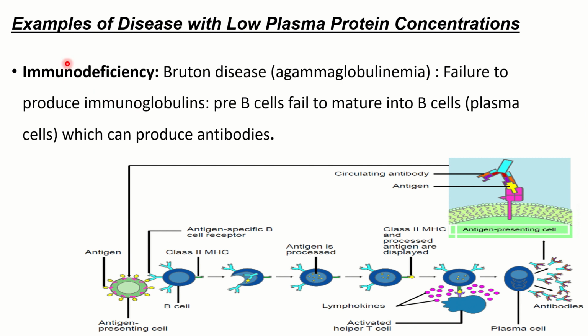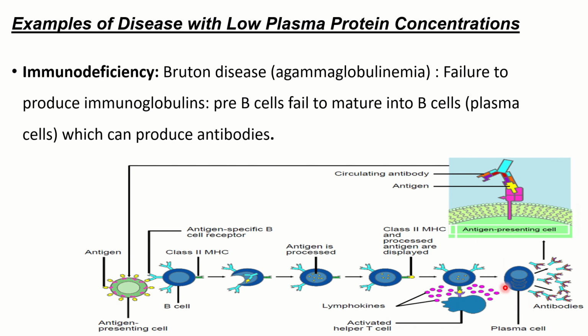Then we also have immunodeficiency, the example here being Bruton disease, where there is failure to produce immunoglobulins or antibodies. So how is this? Pre-B cells, right, will fail to mature into plasma cells, which then produce antibodies.